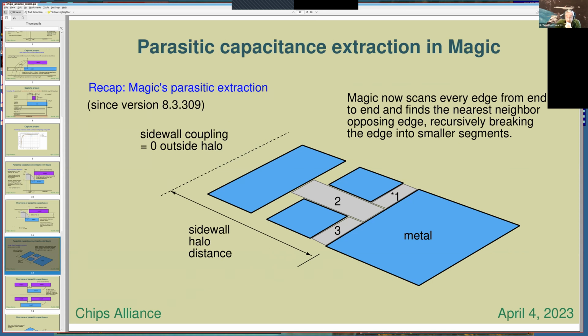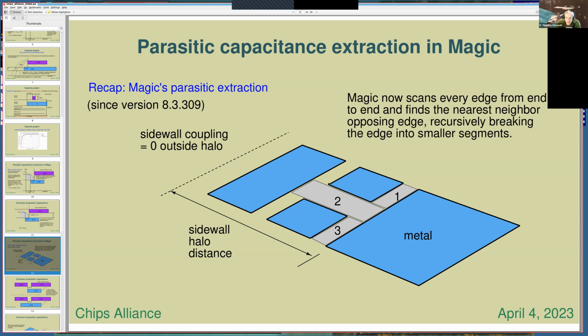Now, in addition to that, one of the other things I was fixing in MAGIC was its handling of sidewall capacitance. Also, as I reported back in August, I was implementing the effective near body shielding. So how much of the capacitance to substrate gets shielded by, in this case, a metal layer here and another metal layer there. There is some amount of that fringe capacitance that's being shielded.